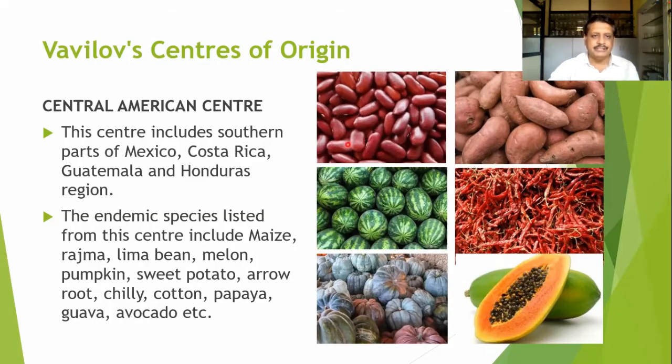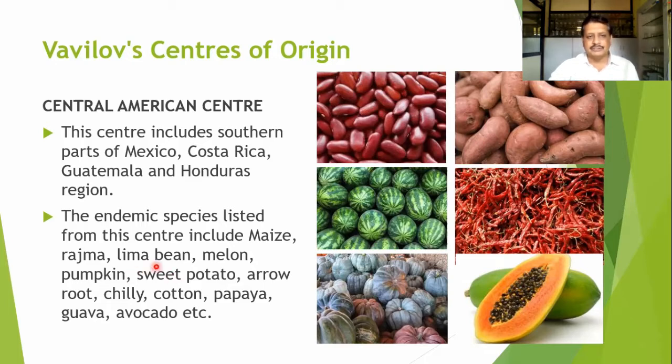Then Central American Center. This center includes the southern part of Mexico, Costa Rica, and Guatemala, where some of the species are endemic to this region, particularly the maize, then rajma beans. We know that rajma chawal, so rajma beans are here.